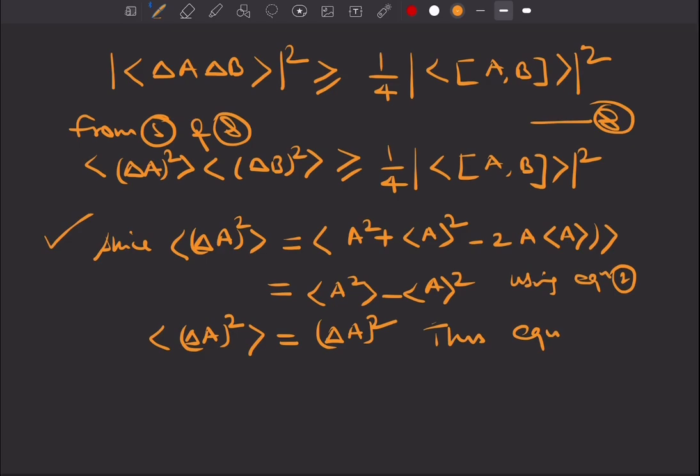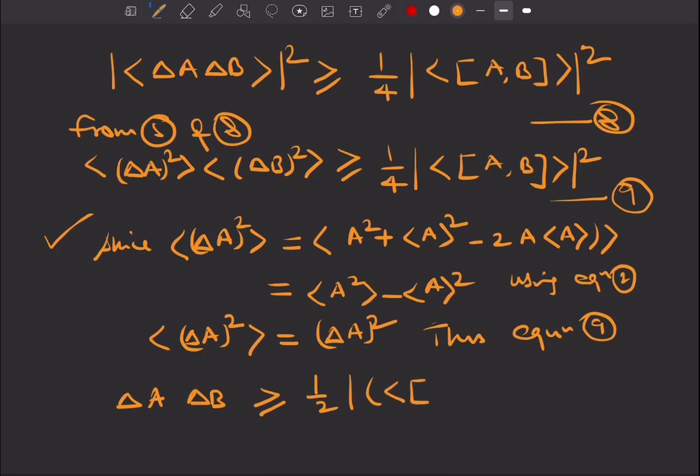Thus this equation number 9 becomes delta A into delta B is greater than or equal to 1 by 2 modulus of expectation of A B commutator, and this is the uncertainty relation between two operators.